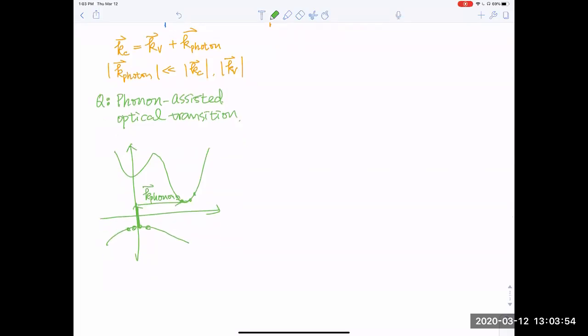This does happen, and that's the reason our cameras work. Our CCD cameras are all made of silicon pixels, and for red and green visible light, it's an indirect band gap transition. But generally, this process is much weaker than direct band gap transition.